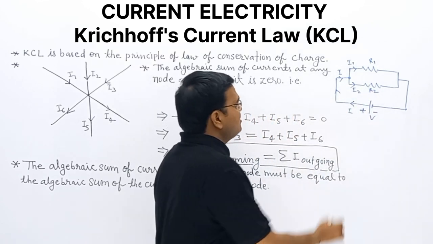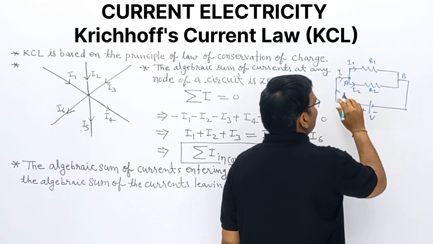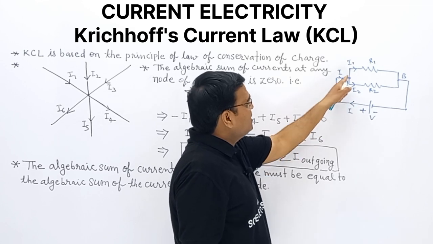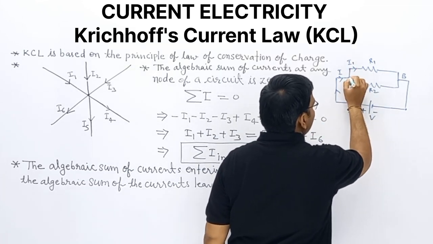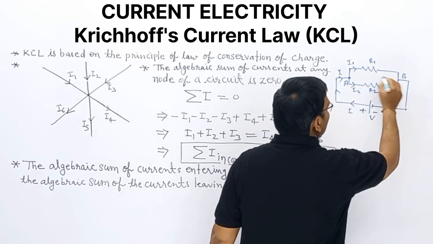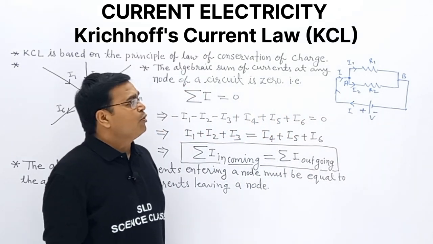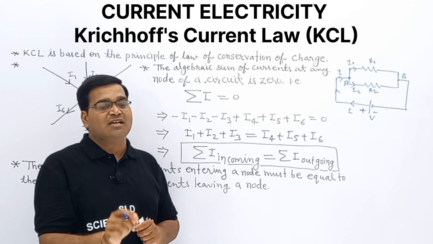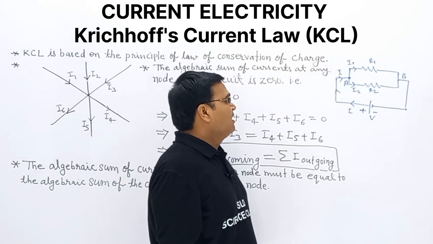This is node A and this is node B. So we have two nodes. In this node we have three branches, and the other node also has three branches. Clear? So first we should know the node or junction: where two or more branches intersect, they are called a node or junction.